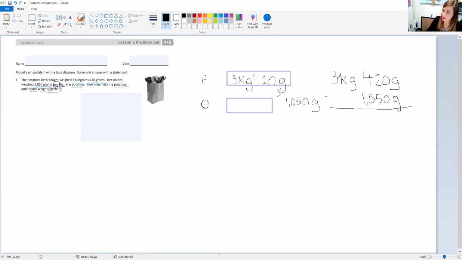So I can borrow and I can change this to 2 kilograms. So how many grams is in a kilogram? 1,000. So now I have 1,420 grams instead of 420. I just moved it over here because I needed it to be more.